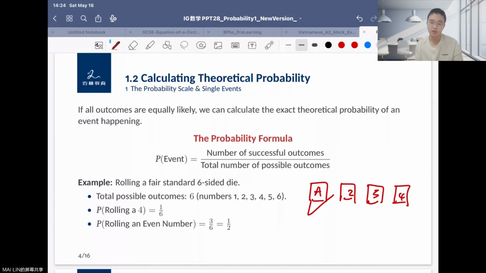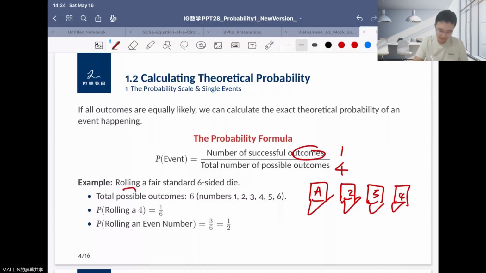But if you draw a card, you have other choices, like a 2, 3, and 4 or an ace. So the total number of outcomes here equals 4, and the successful outcome is 1. So the probability of you drawing an ace is 1 over 4, or you can also say it's 25%.